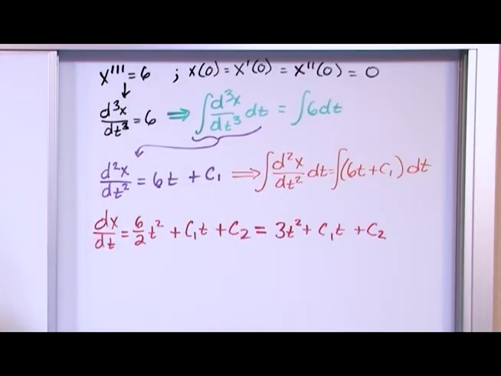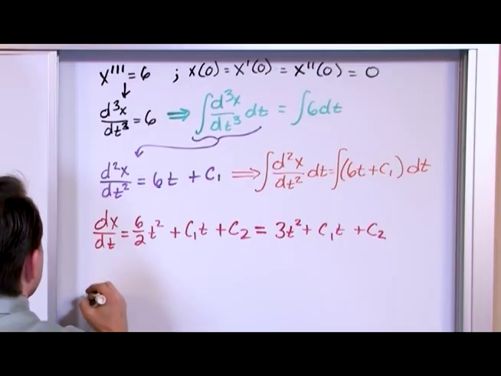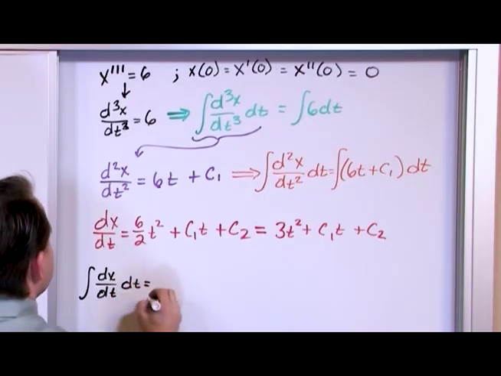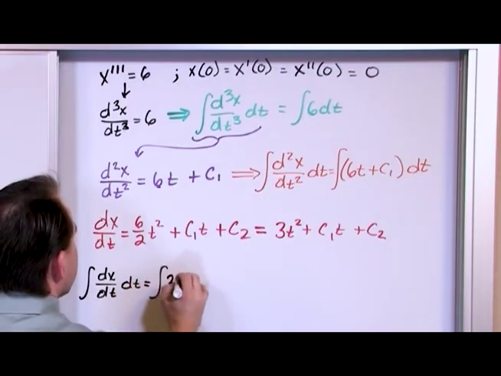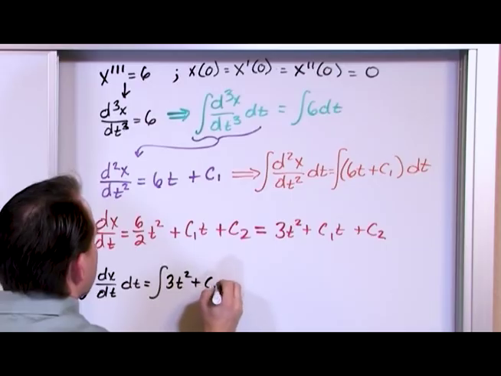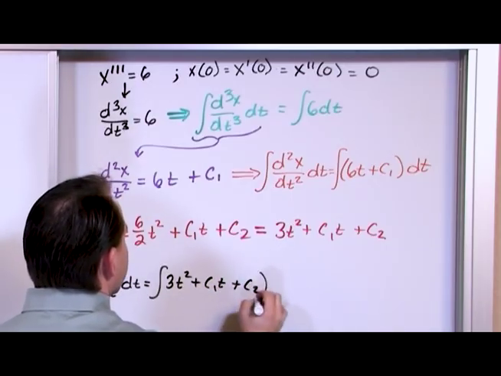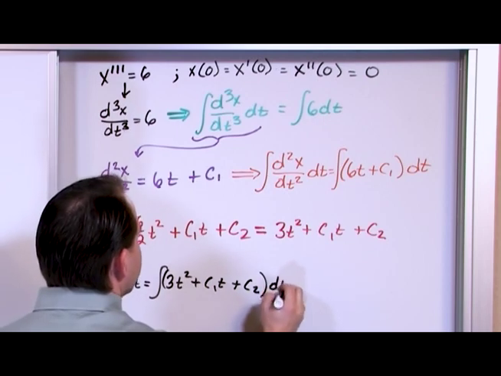So we obviously need to integrate it again, so let's do that. We'll have the integral of dx dt with respect to time is equal to the integral of this stuff, 3t squared plus c1t plus c2. And that's going to be integrated with respect to time.